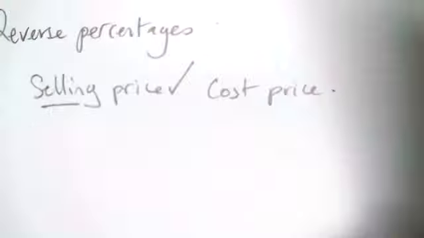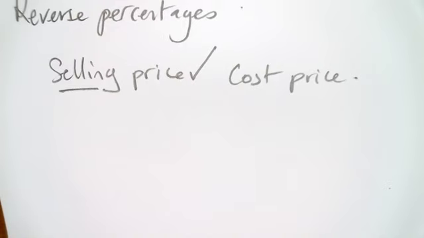Now, I'm going to assume, by the way, that you know how to find the percentage of something. I'm also going to assume you can reduce or increase something by a certain percentage.